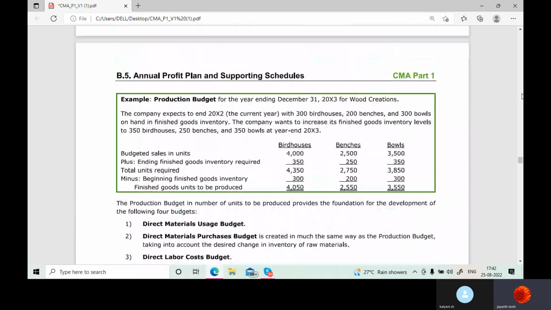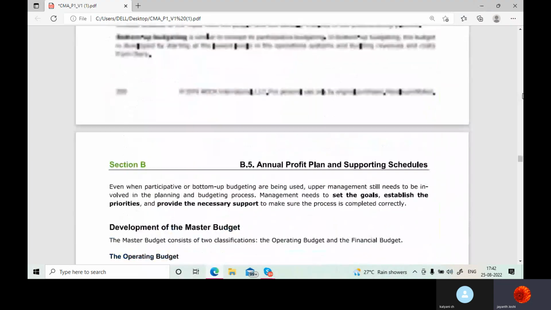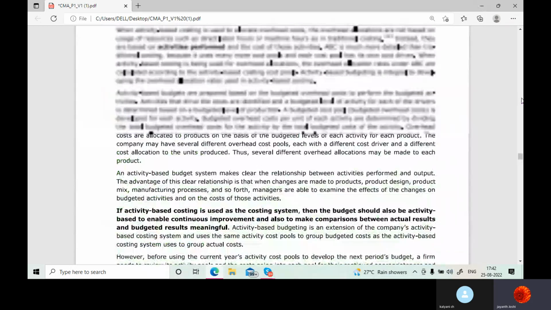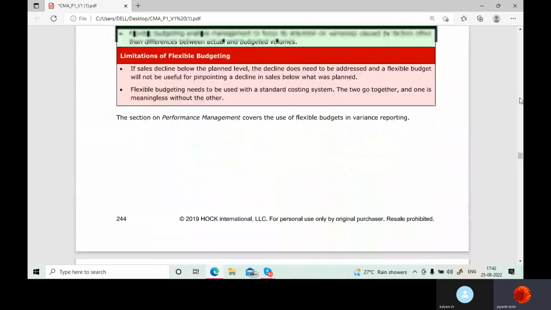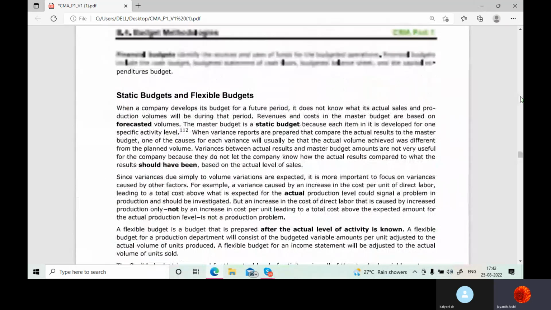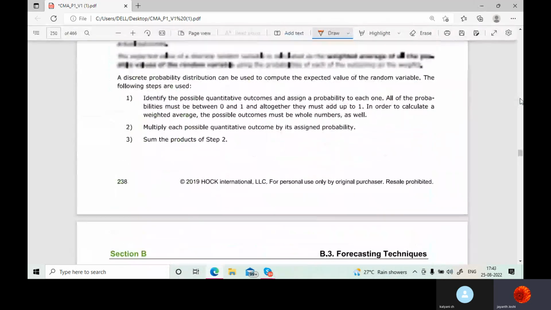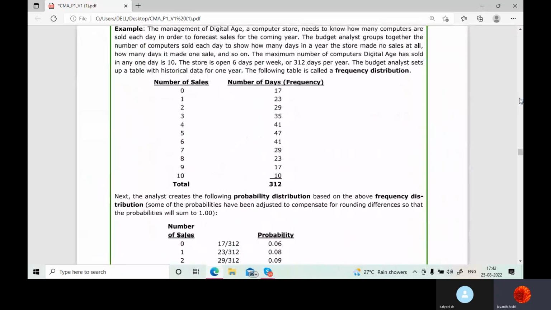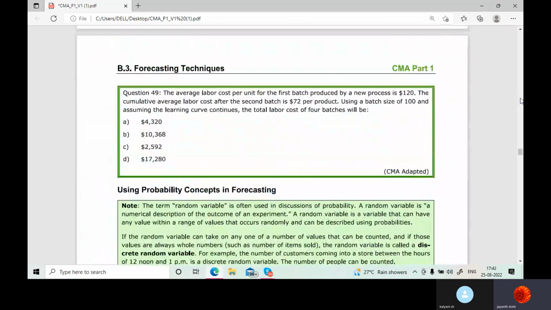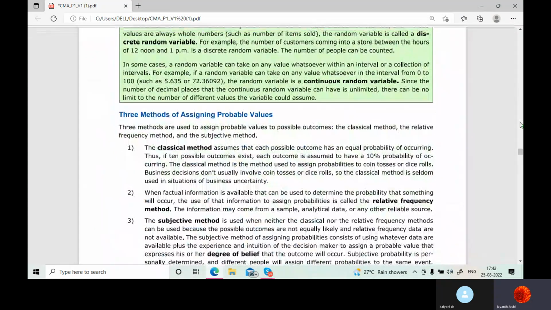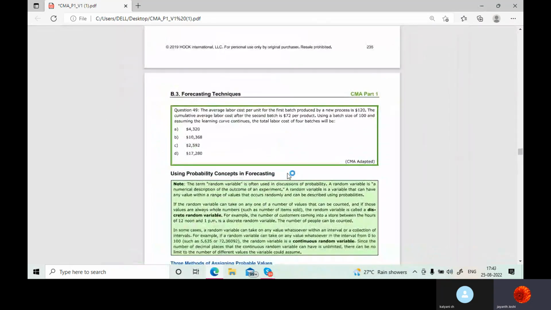Shall we do the probability concept? I'm just looking, just a second. What say, madam? Shall we do this tomorrow or today?